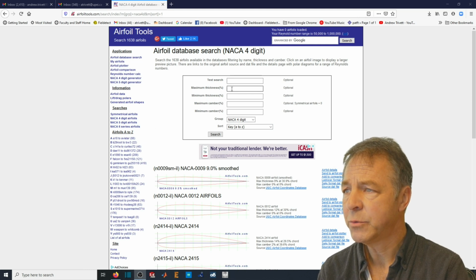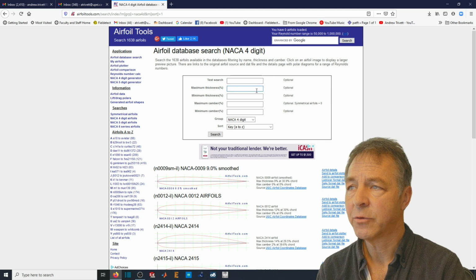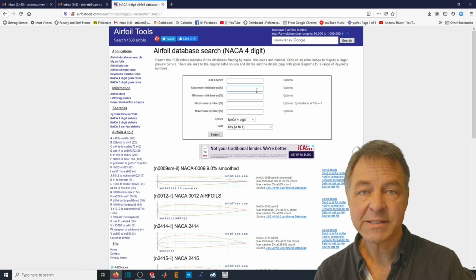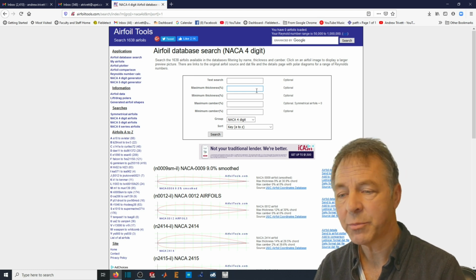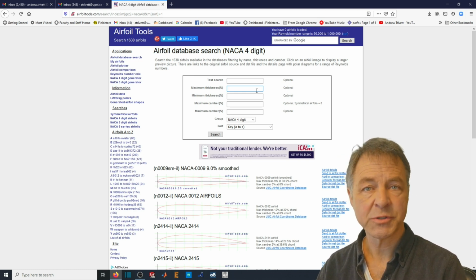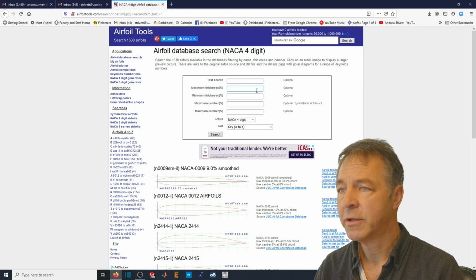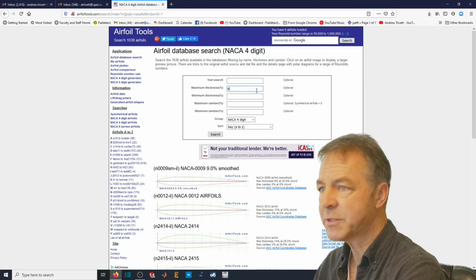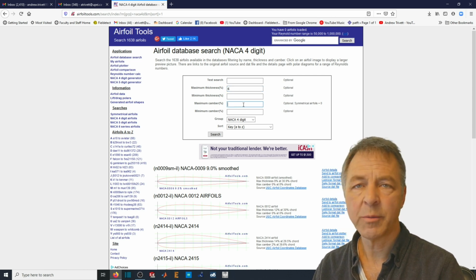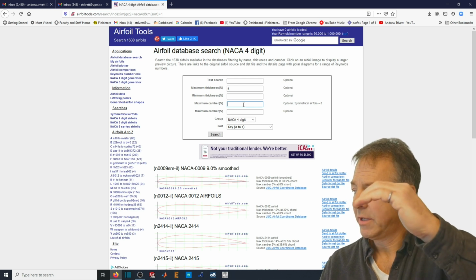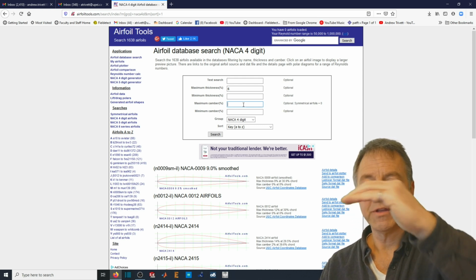The way to search is to recognize how the NACA code numbers work: one of the numbers represents the maximum thickness, or the percentage of thickness of the airfoil. So if we pick 6% airfoil thickness, and another one of the numbers is the camber. The camber is the curvature of the airfoil.